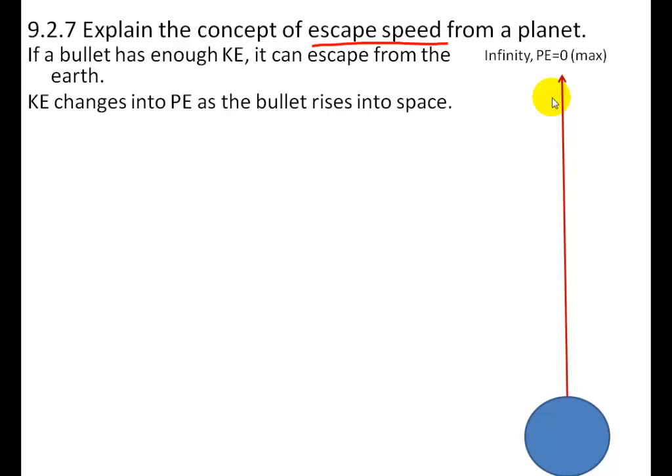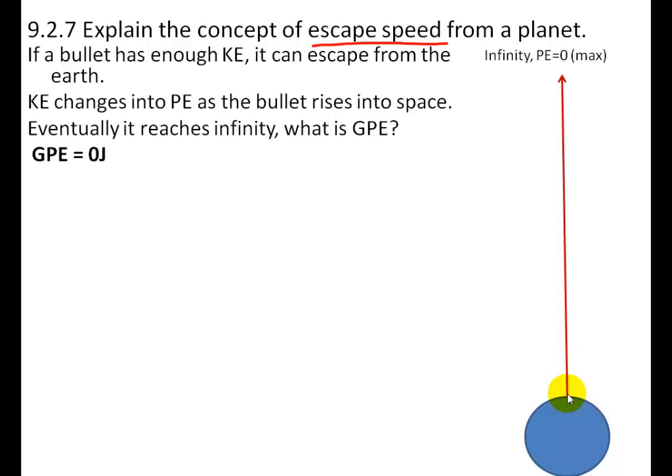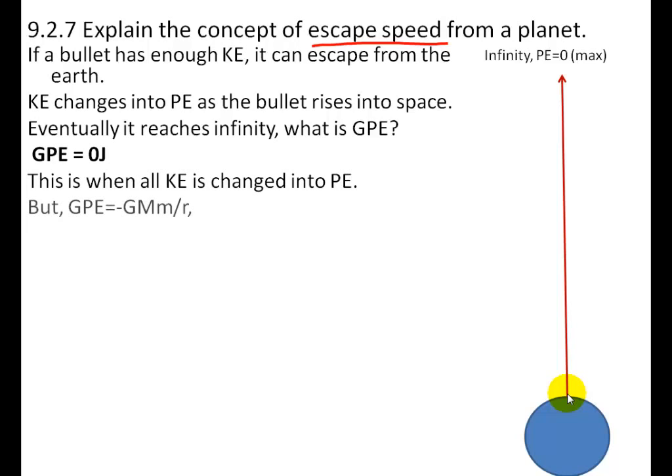So you basically need to look at the conversion between the kinetic energy into potential energy. So when it reaches infinity, what is the gravitational potential energy? Well, we've already defined that at infinity the gravitational potential energy is 0. So we need to convert all the kinetic energy into potential energy.